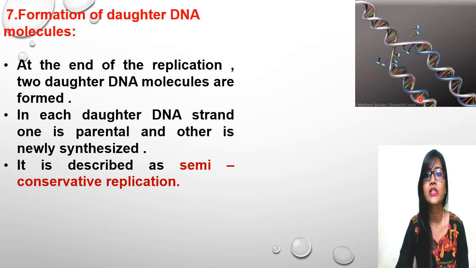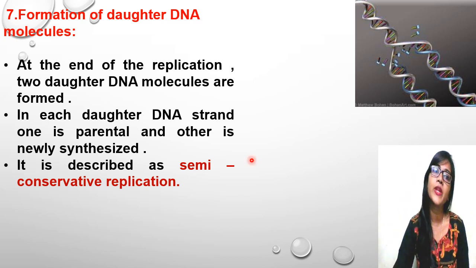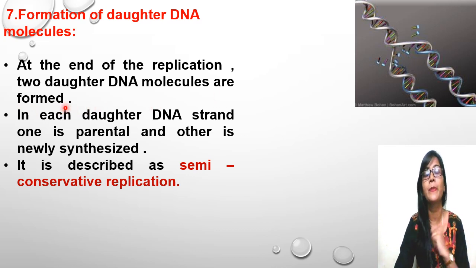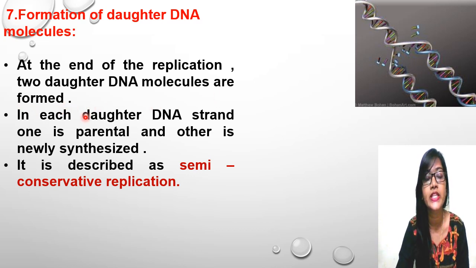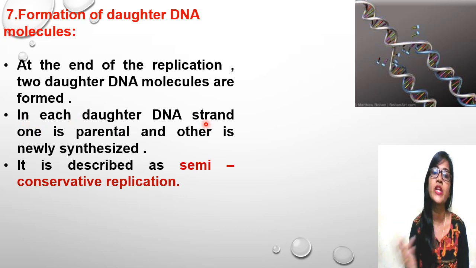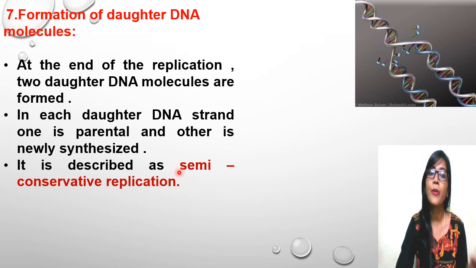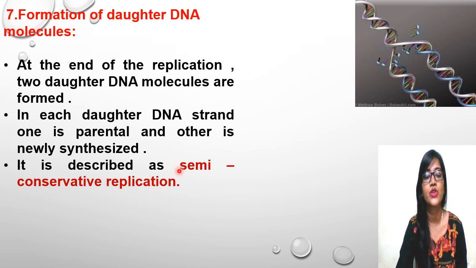The pink color is the old strand, and the blue colored strand is the daughter or newly formed strand. So at the end of replication, we get two daughter DNA molecules on the old template DNA strand. Each daughter DNA has one parental strand and one newly synthesized strand.